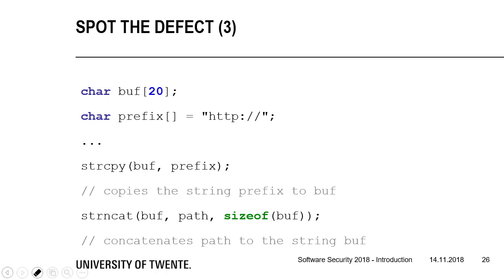Because you've already placed a prefix in the buffer, the size is no longer right, because you're already using it.